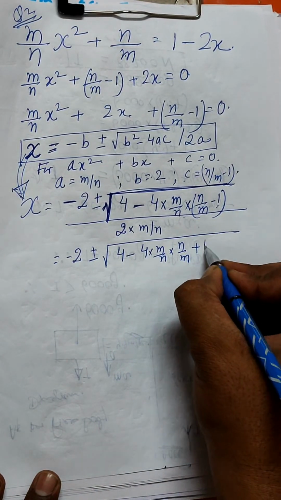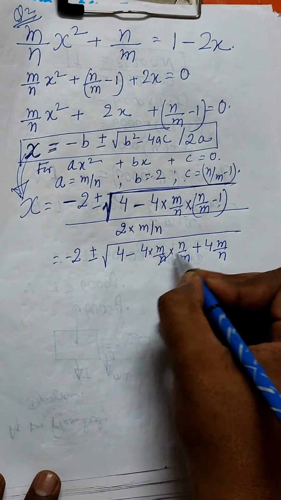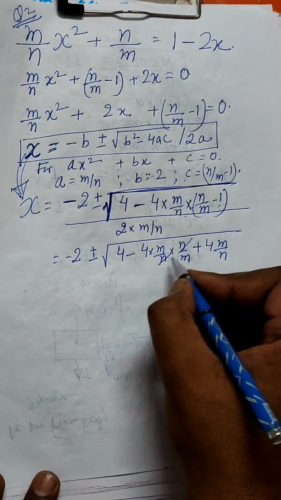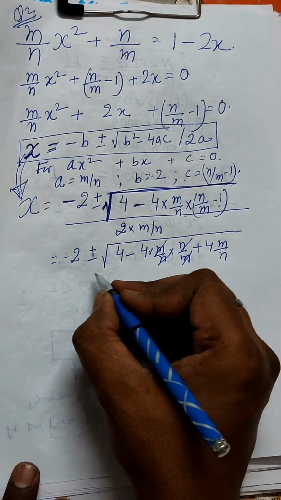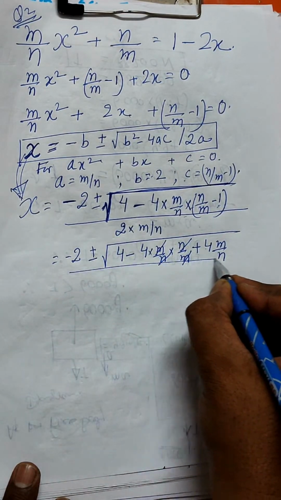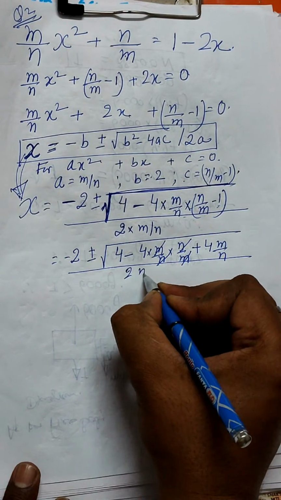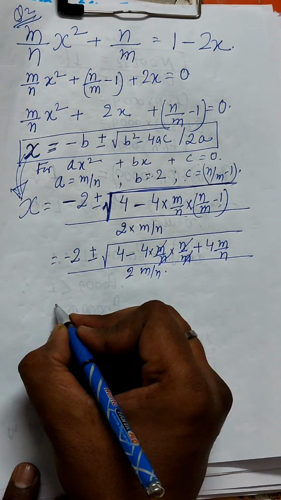Plus 4 into m by n. Here n will be cancelled out, m will be cancelled out, right? And all this divided by 2m by n, right?